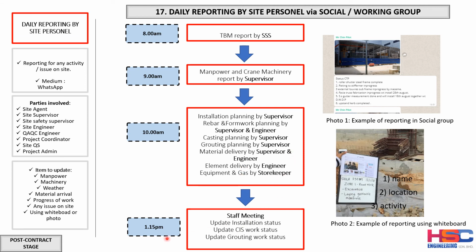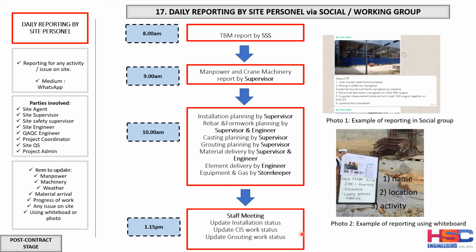At this 1 p.m., 1:15 p.m. meeting, they can update the status. Why is it important to update the status at 1 p.m.? At least if there is any problem that is hindering the planning from happening, or the target from being achieved, the project manager has the time to rescue and do something about it.